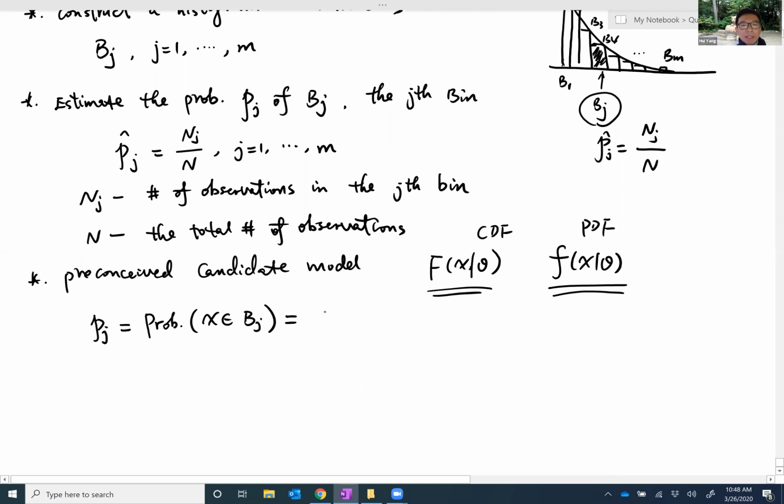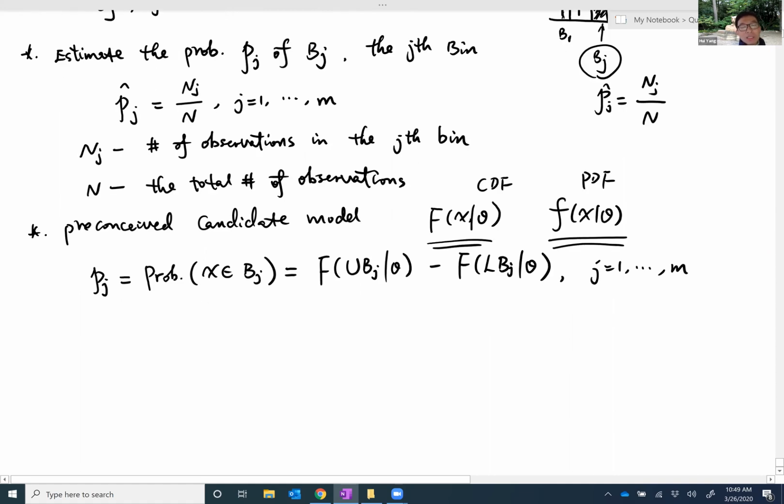If we have the CDF function, this obviously equals F of the upper bound of bin j given theta minus F of the lower bound of bin j given theta, and also j equals 1 to m.